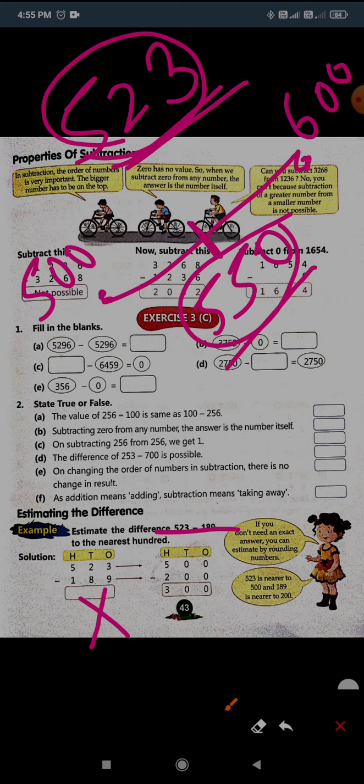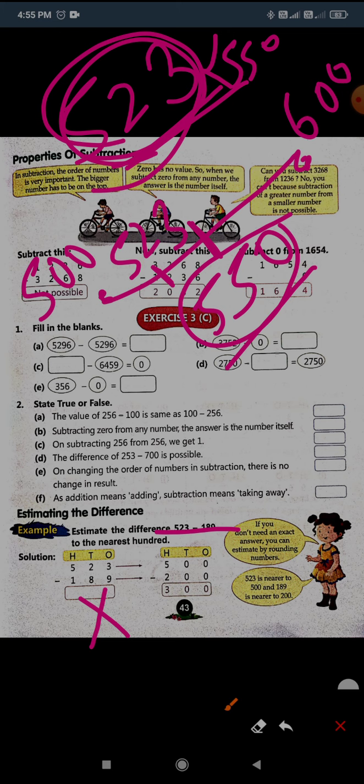So 523, because it is less than 550, will belong to this first part. Now this 523 is near to 500, not to 600. So here 500 is written.